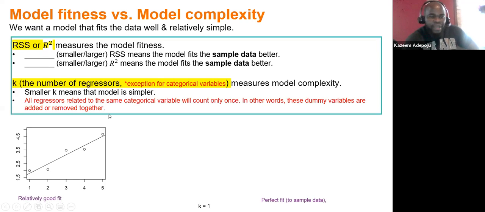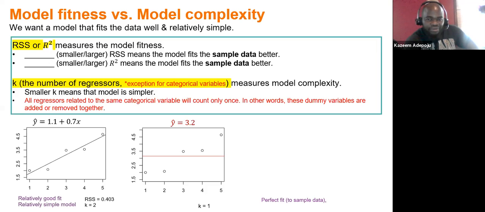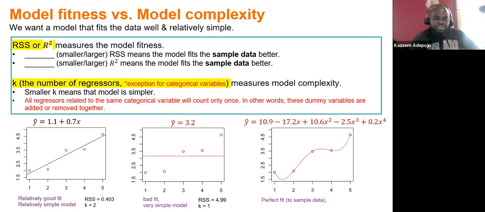Now I want to show you 2 graphs, and I want you to comment. We want to see how the 3 graphs are going to look. Take a look at the graph right here. Here, I'm fitting a simple linear regression model. I got 2 regressors with 1 predictor.